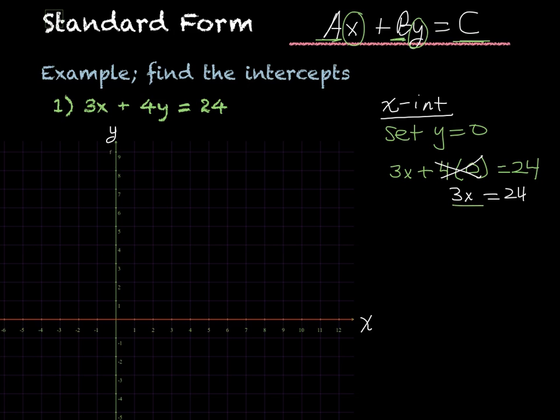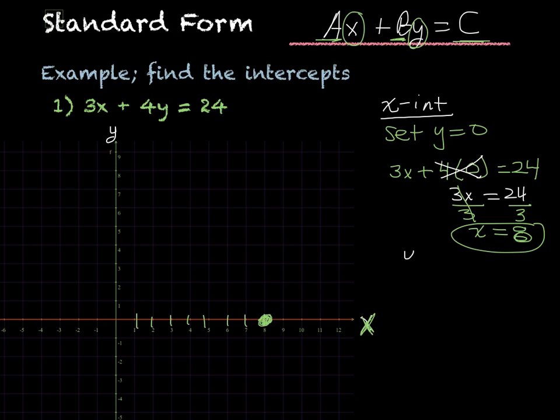So I divide, because it's 3 times x, by 3, so x equals 24 divided by 3, which is 8. So that means where I cross the x-axis is going to be at the 8. So I'm going to come over to 8 and put a point right on the 8, because that is the x-axis and it's the x-intercept.